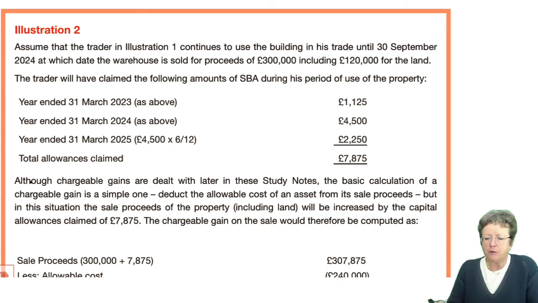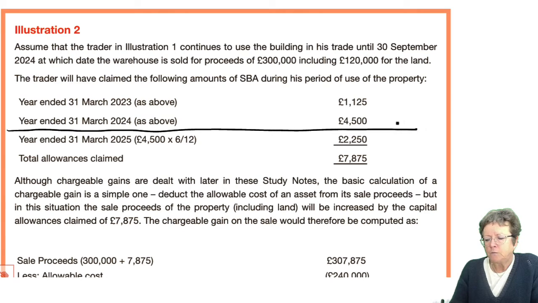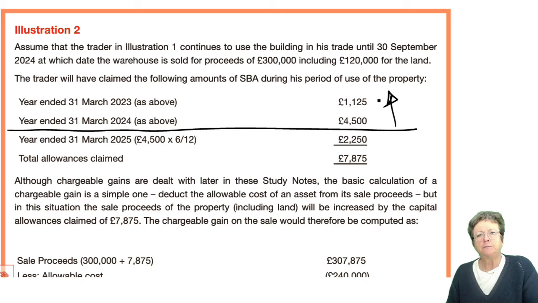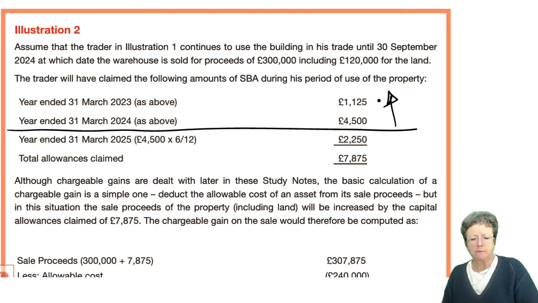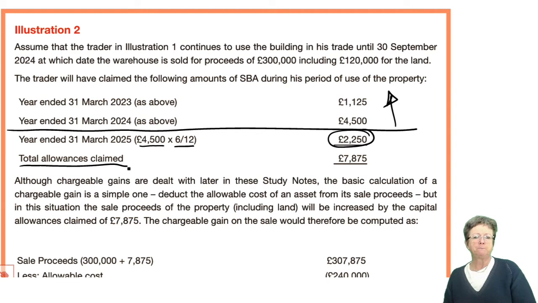Now we've done that first bit, so these two are as above. That's a repeat of what we've just looked at. Now, in the year to March 2025, which includes September 24, they've sold the building. So we can have the writing down allowance, but only for 6 months. So that is what we can claim, and that's the total allowances that we have claimed.